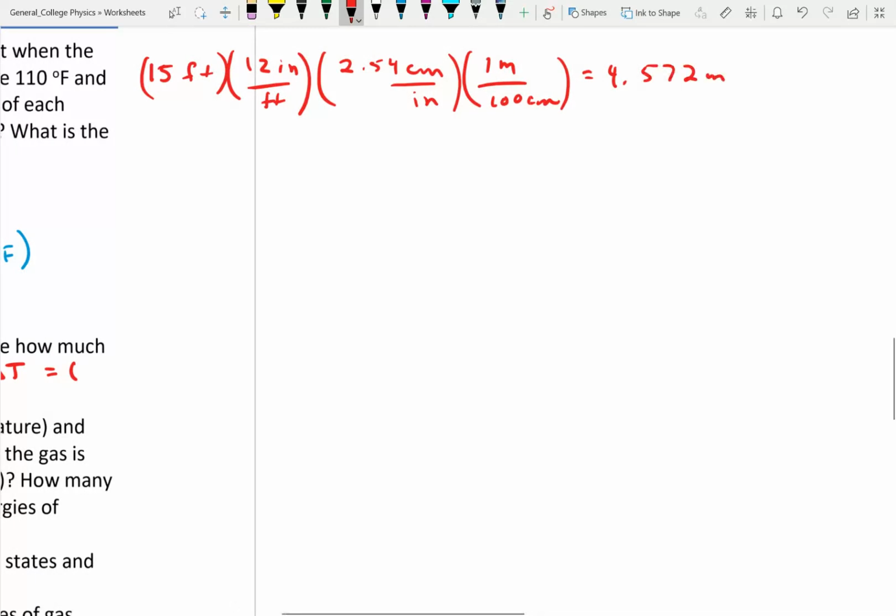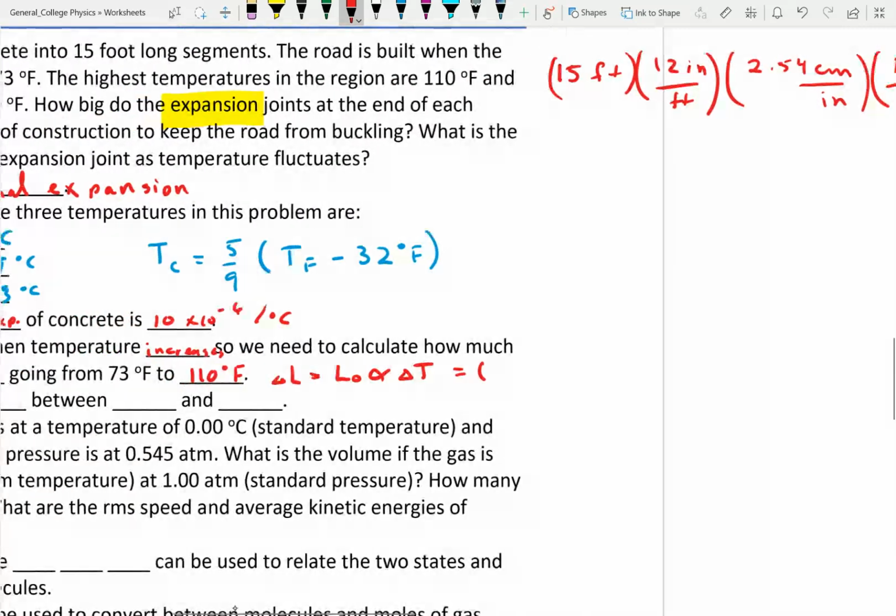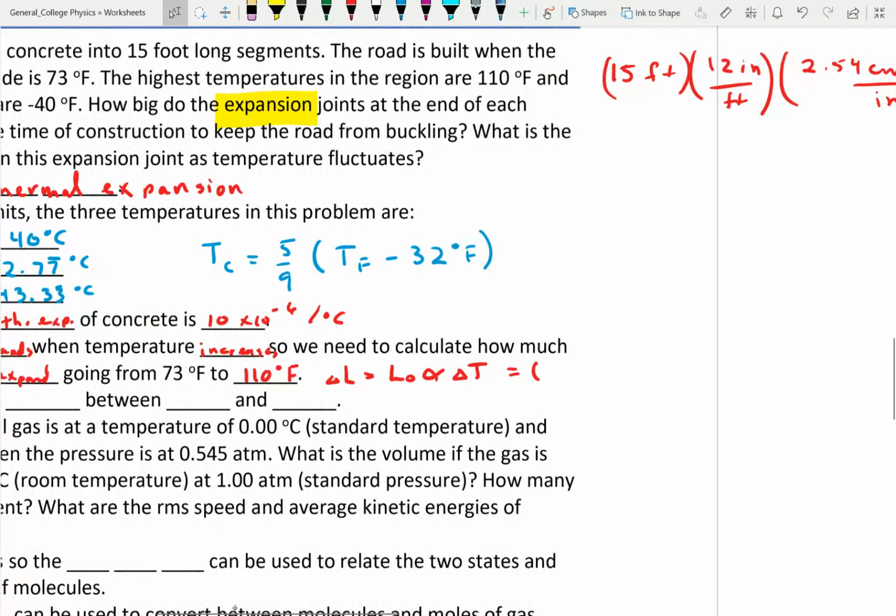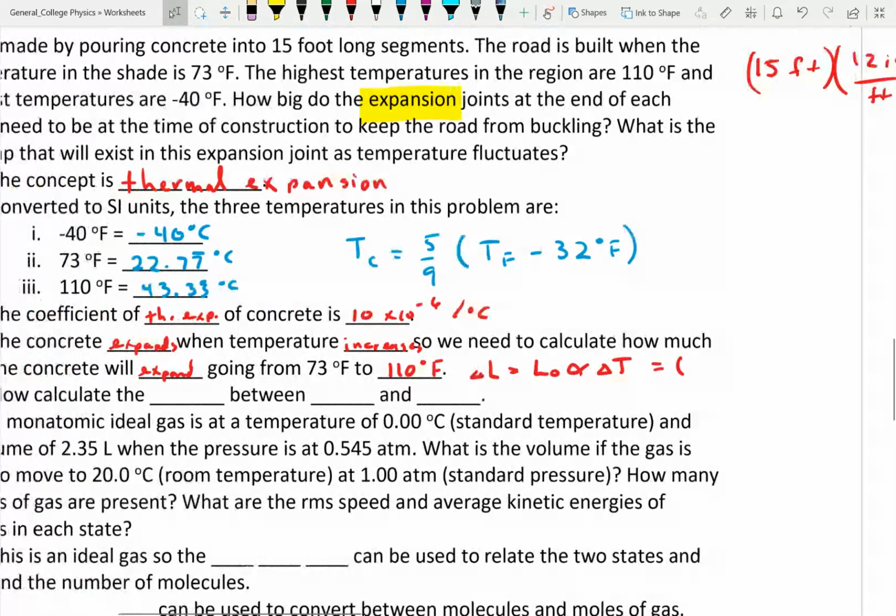And so it turns out 15 feet is equal to 4.572 meters. Now, this 2.54 is actually an exact number, so the only significant digits issue would be the number of significant digits in my length there.